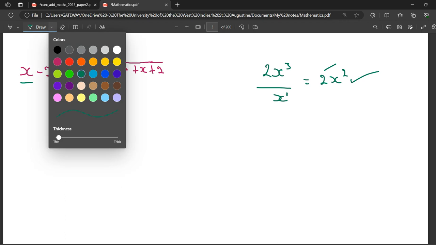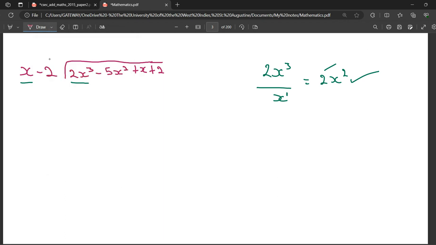Alright, so we go and put that up here now. So 2x squared. What you're going to do now, you're going to say that value 2x squared, or that term, multiplied by the factor, which is x minus 2.